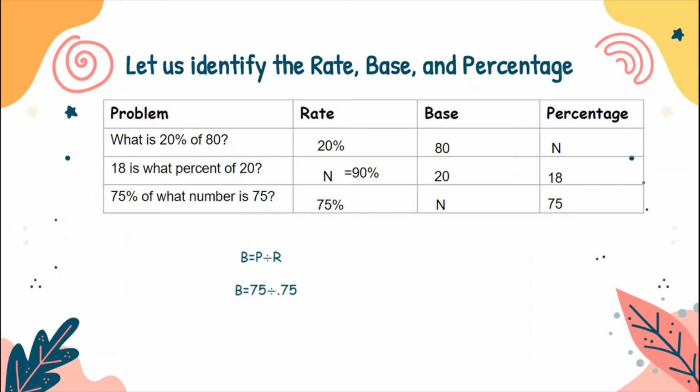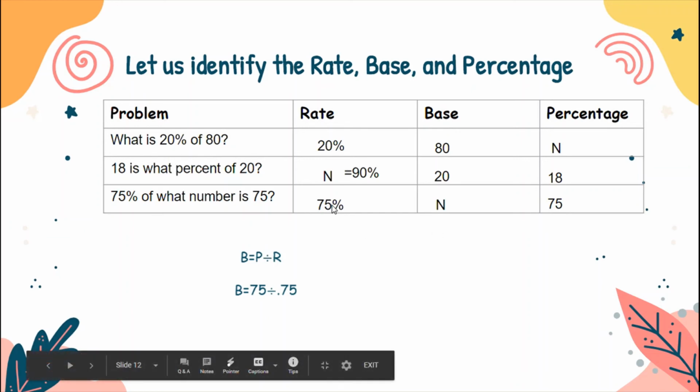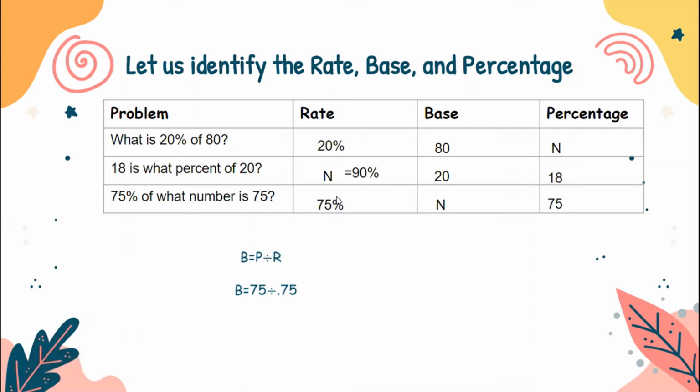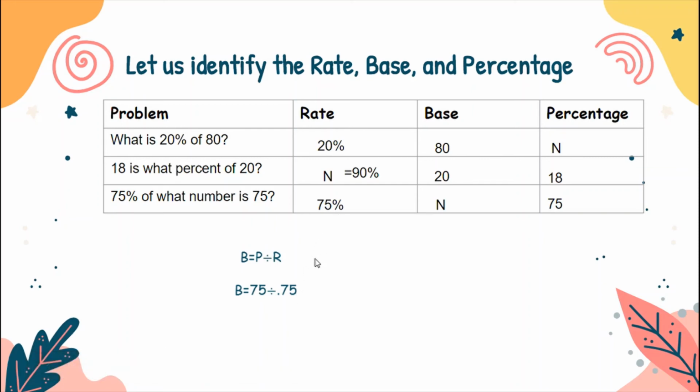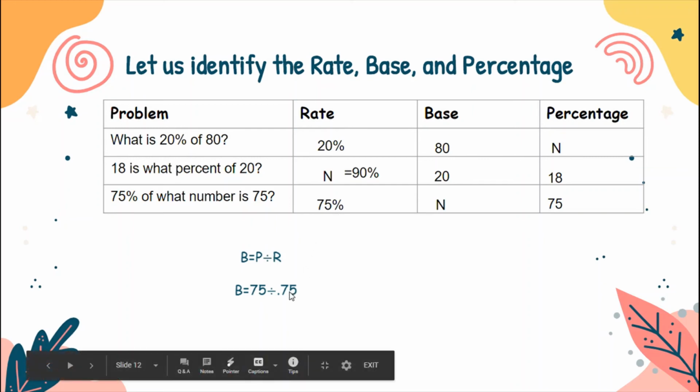I'll just take the percent symbol here and move the decimal point 2 places to the left. That's why we have 0.75. I already changed the percent into decimal, and that is 0.75.